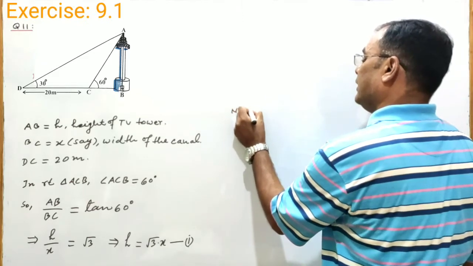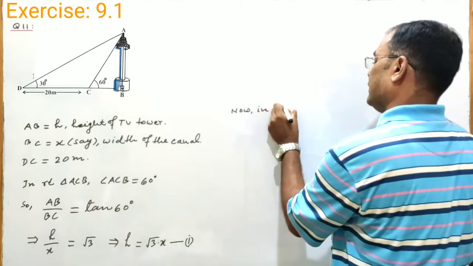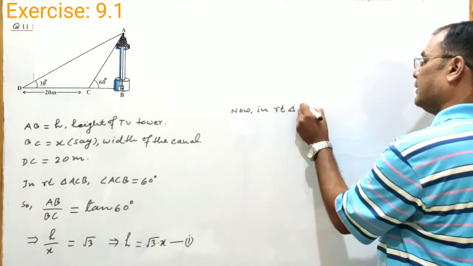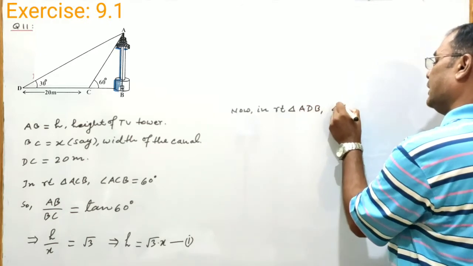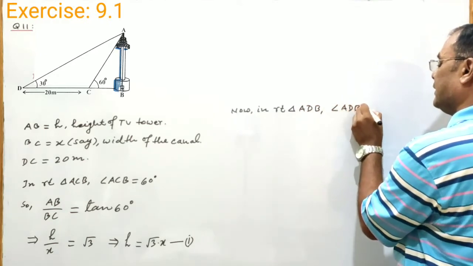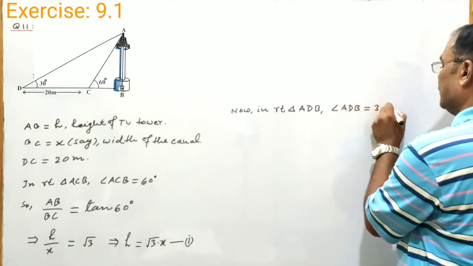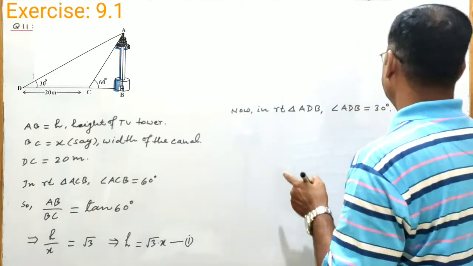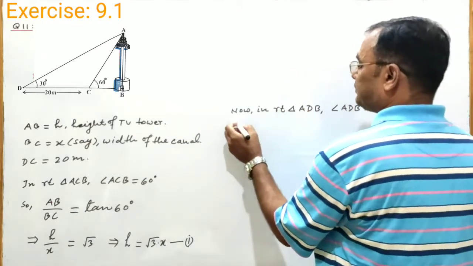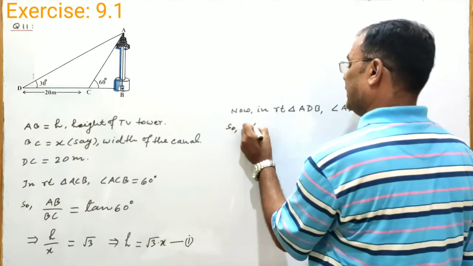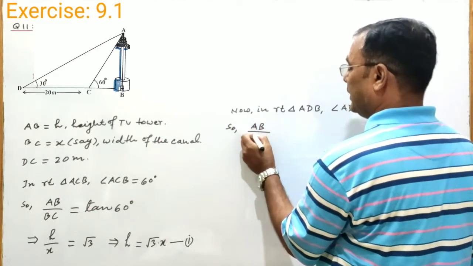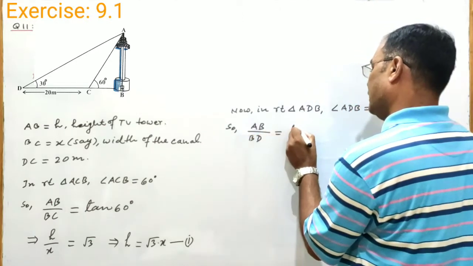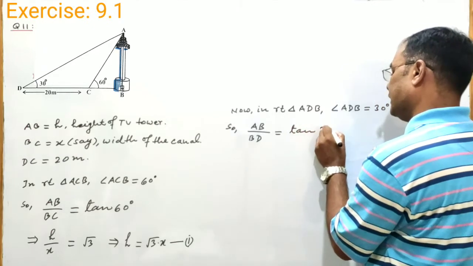Now in right triangle ADB, angle ADB equal to 30 degrees, which is angle of elevation of the top of the TB tower from point D. So AB by BD equal to tan 30 degrees.